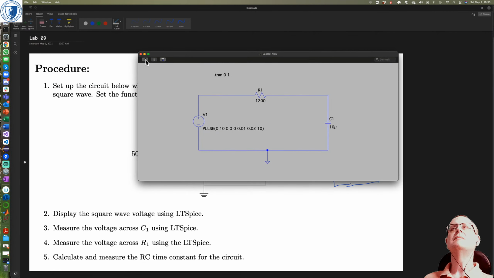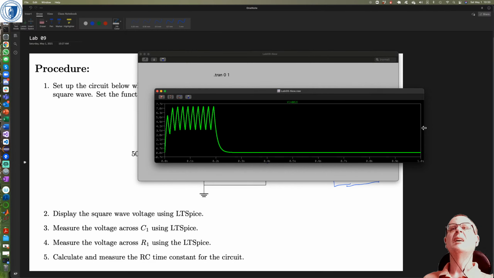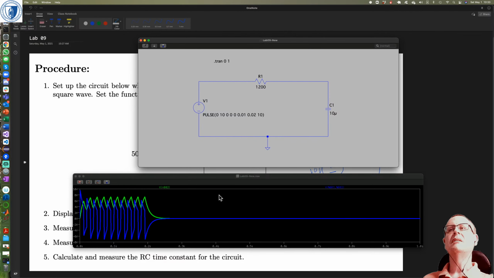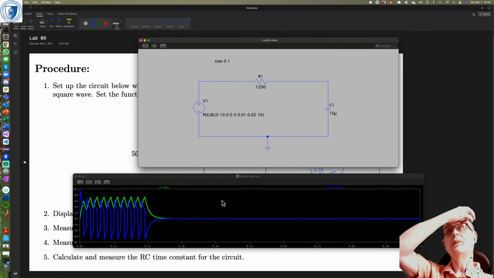Okay, so I've only done a certain number of pulses. So that's probably the wrong thing to do. Okay, so maybe I need to change the parameters here. But let's just have a look at the voltage across the resistor as well. Okay, so there's the voltage across the resistor.